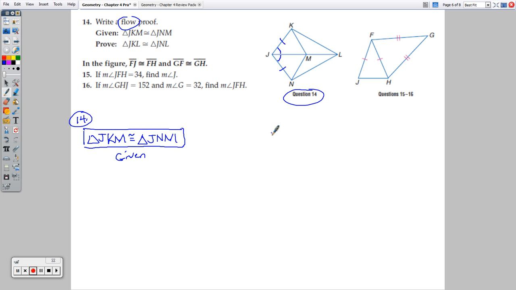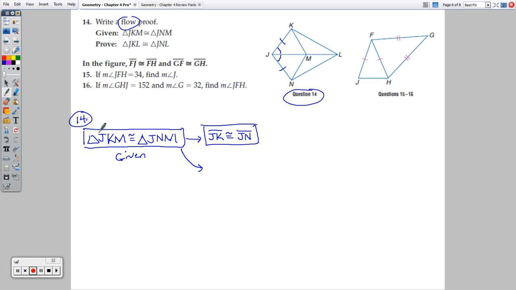So those things match up in these two triangles. Why is that? Well, if we're given that the triangles are congruent, we can prove that corresponding parts are also congruent. So these two ideas flow from this one, the fact that JK is congruent to JN.